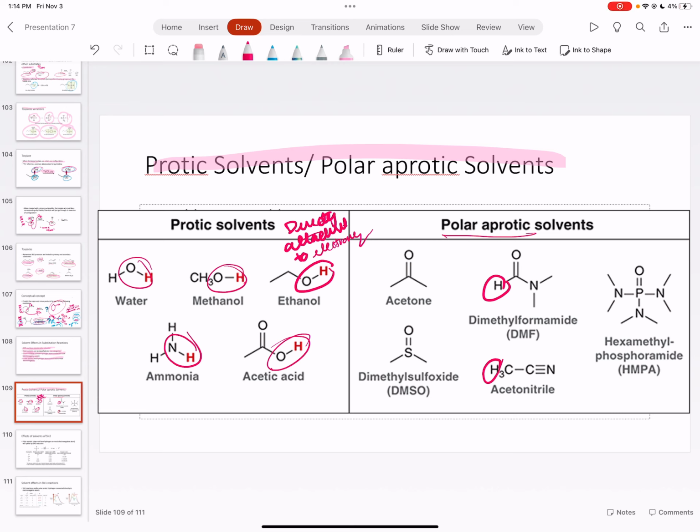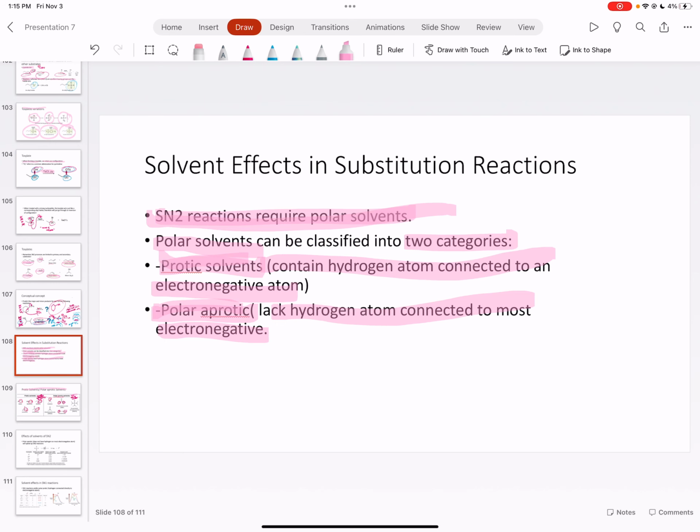The thing is that there's no hydrogens connected to that most electronegative atom. So not directly connected. And also we all took English class, so a is for not. So aprotic is not directly connected, while protic is directly connected.